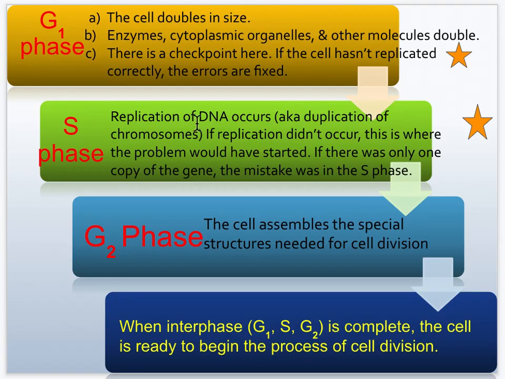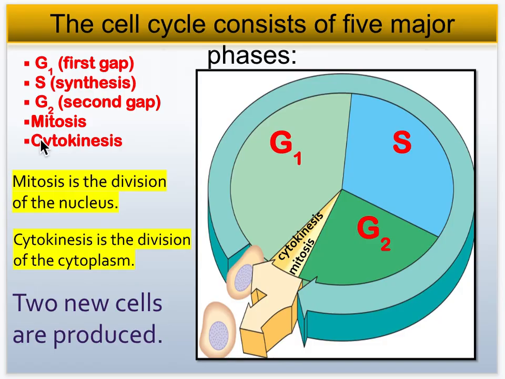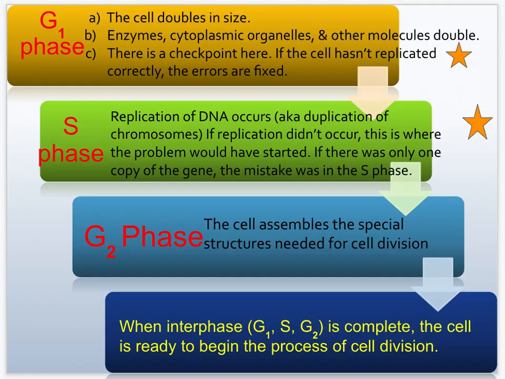So in interphase, here is what is happening. This big long part, from here to here, is called interphase. A lot of work is happening in interphase. It's not just hanging out. The cell is doubling in size.